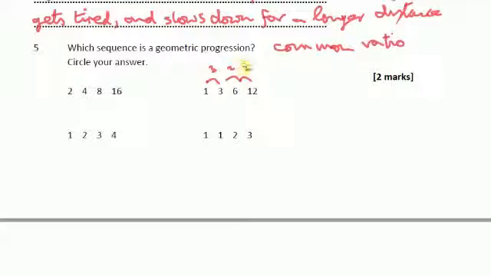From 6 to 12, I'm multiplying by 2. So these are not the same ratio. Whereas 2 to 4 is times 2, 4 to 8 times 2, 8 to 16 times 2. Yes, that has a common ratio, so that is the correct one. I'm multiplying by 2 every time. These other two don't work at all. So that is the correct one for geometric progression, the first one.